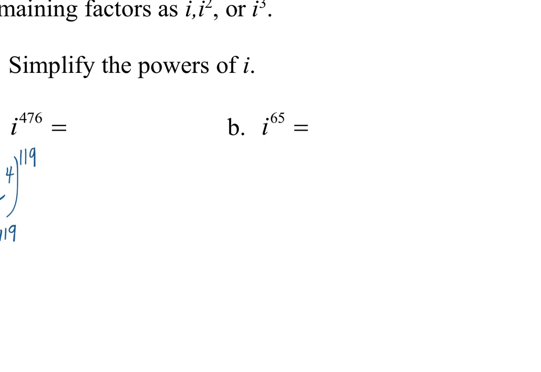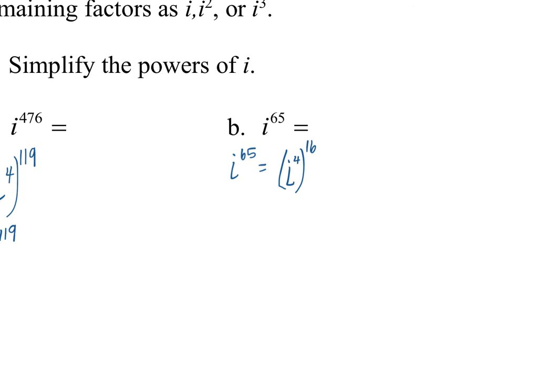Now, what I want to do here, you can say 65 divided by 4 if you want, but you get a decimal, okay? So go one below it. Go 64 divided by 4. Okay, 64 divided by 4 is 16. So I could call i to the 65th, I could call that i to the 4th to the 16th. Why? Because 4 times 16 is 64.